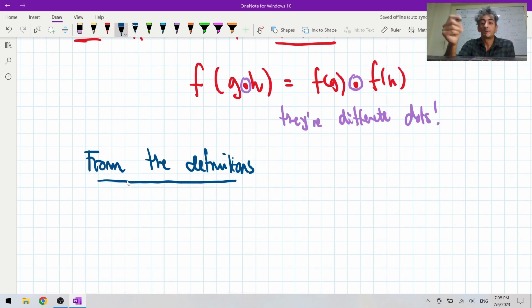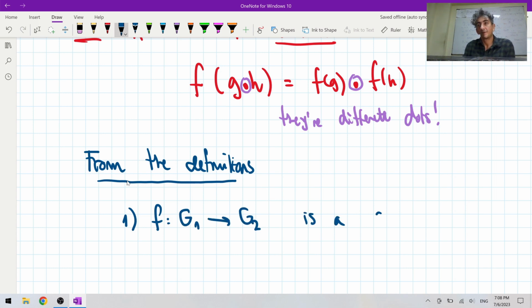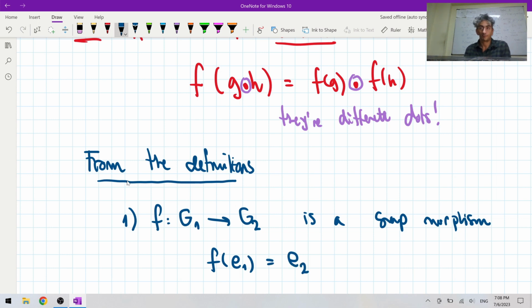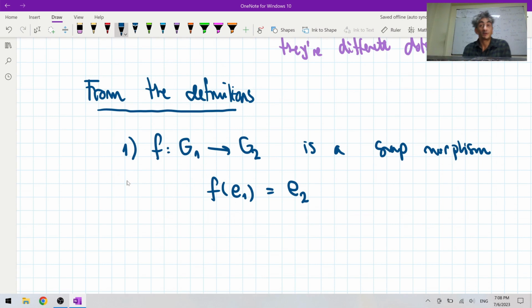First of all, we are going to show that if f is a group morphism, then f of the neutral element of G1 has to be the neutral element of G2. Okay, this is something we need to show. All right, and how do we do that? Neutral element goes to neutral element. How come?